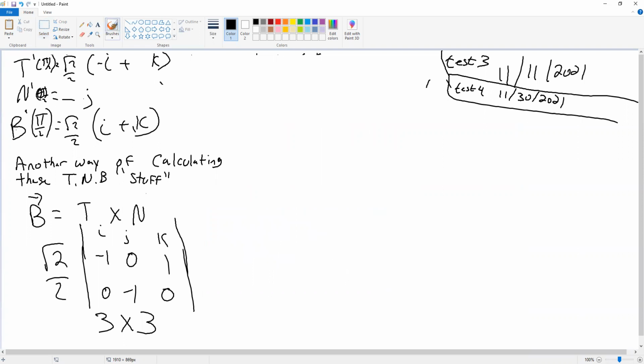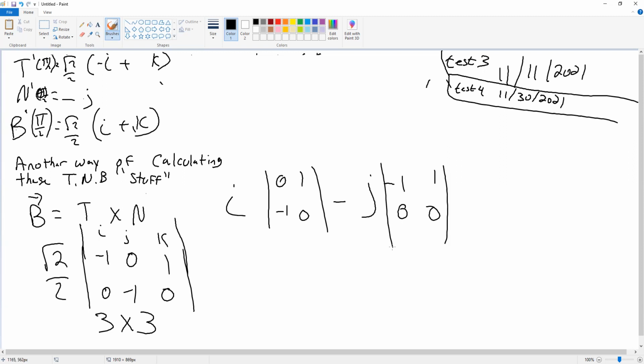So what we do is take the i row and multiply it by that matrix, which is going to be 0 times 0, 1 times -1. And then we subtract the j row, which is going to be -1 over 0, 1, 0.